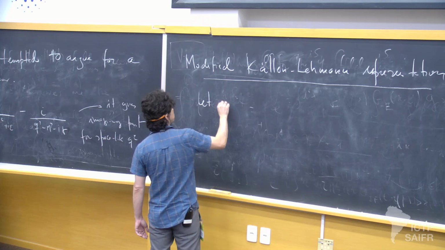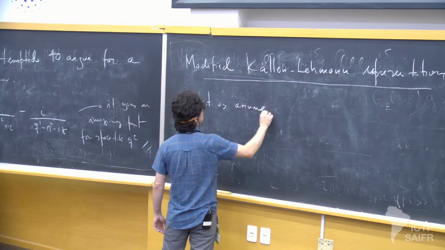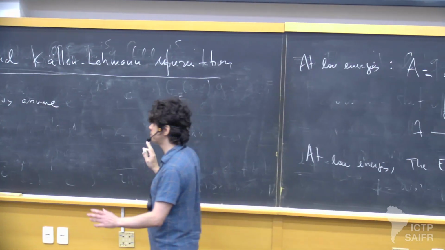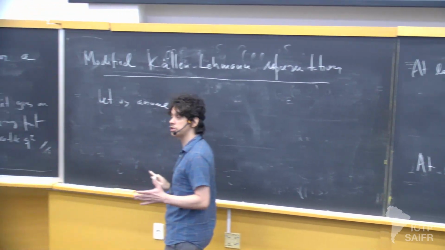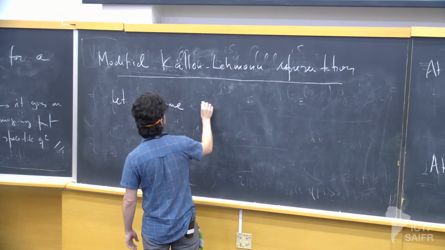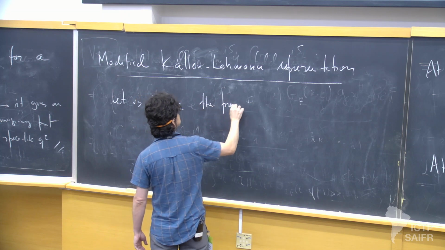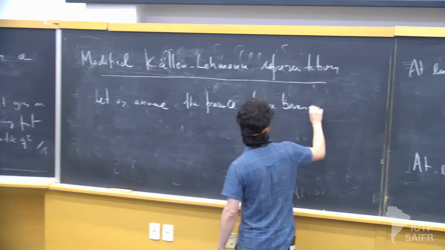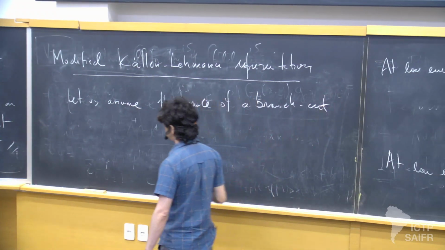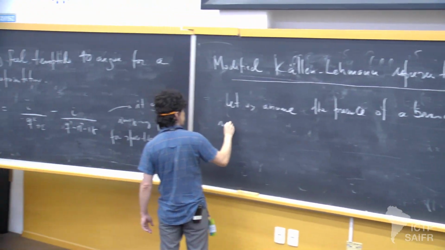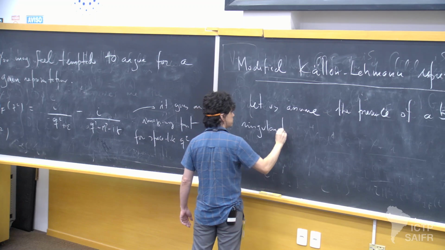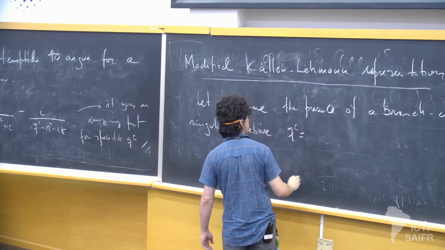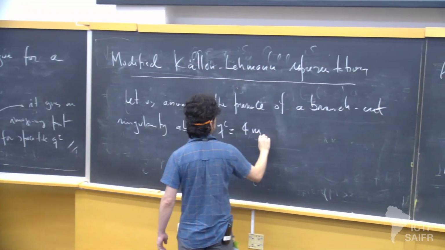So now, let us assume, actually, I'm going to say let us assume, but it's something that you calculate. So it's not an assumption, it's something that you can calculate. But anyway, let us assume the presence of a branch cut singularity above Q square equals 4m chi square.